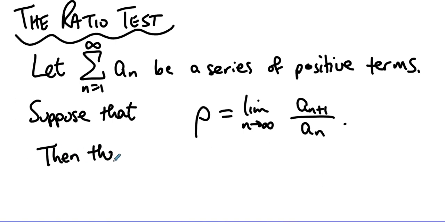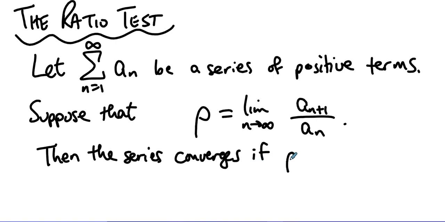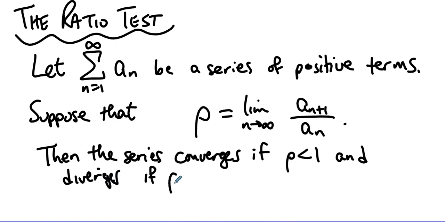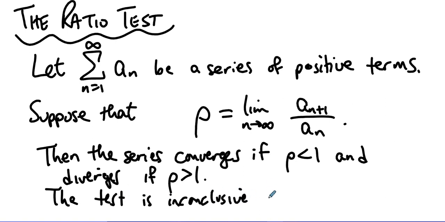Then the series converges if rho is less than 1 and diverges if rho is greater than 1. The test is inconclusive if rho equals 1.